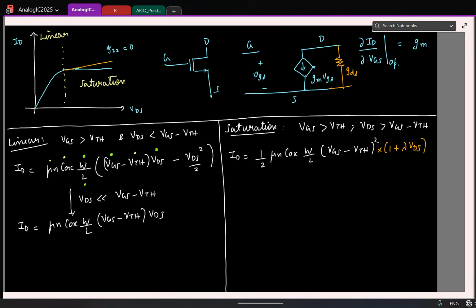And how do you get GDS? Remember, GDS is essentially your Y22. So how do you compute this now? Y21 or GM I computed by taking the derivative of ID with respect to VGS. This is Y22. So how will I do this now? Derivative of what with what?